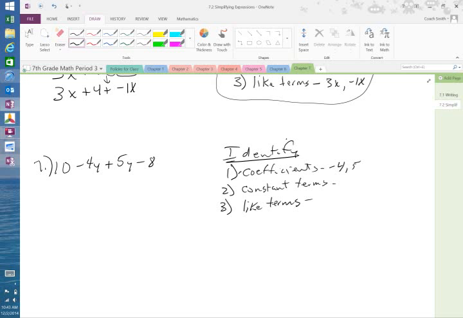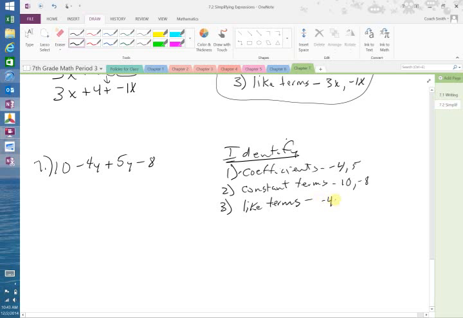What are the constant terms, Owen? 10 and what? No. Nick? 10 and -8. Thank you. 10 and -8. Okay. Like terms, Noah? Like terms, -4. Oh, -4y.